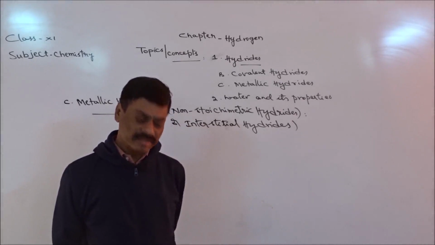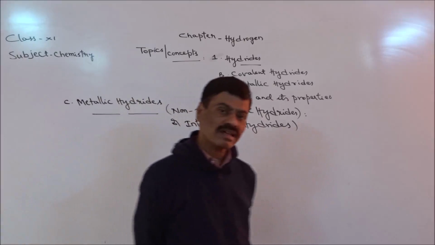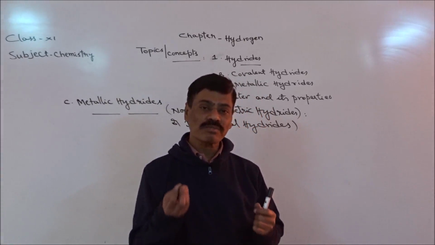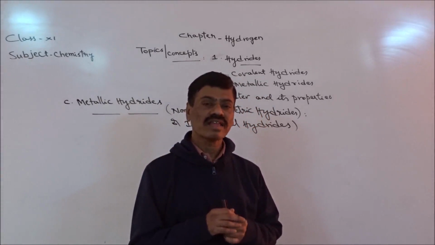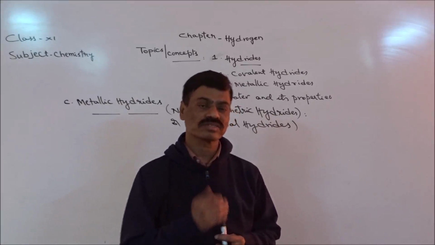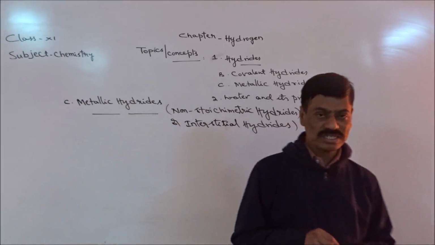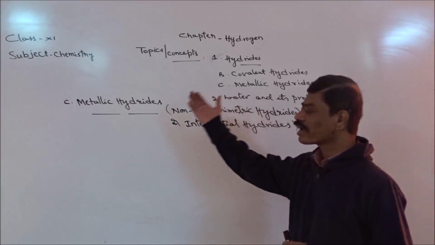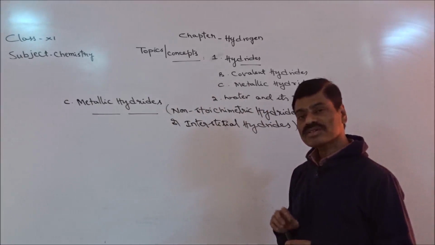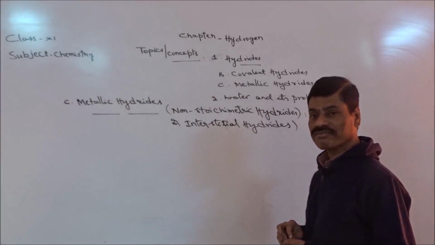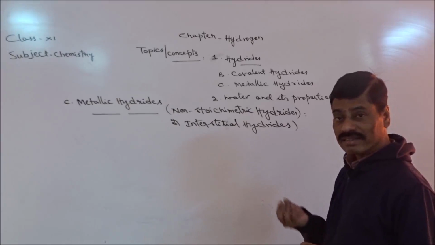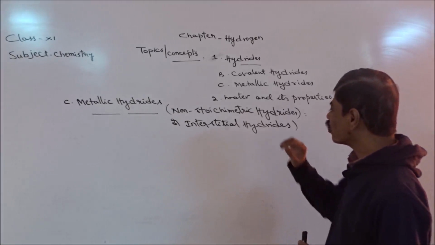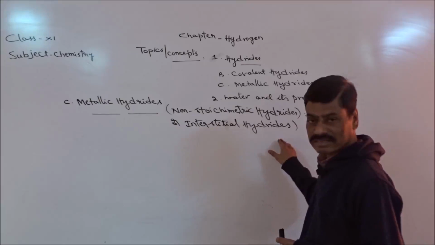On the surface of these transition elements we can see a number of holes, and hydrogen gas will be incorporated in those holes, and then on the inner wall of those pores these hydrogen particles react chemically to form metallic hydrides. Since pores are there on the surface of the metals, into which these hydrogen particles entered and reacted chemically, they are known as interstitial hydrides.